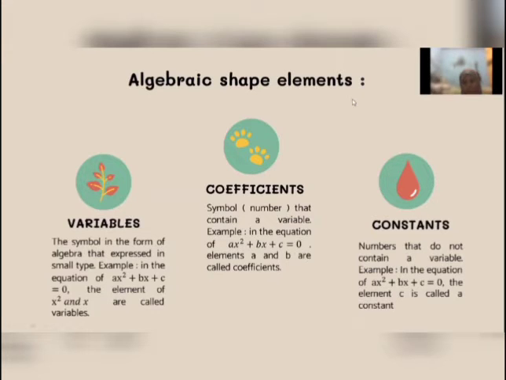Number 2, coefficient. A coefficient is a number that accompanies a variable. Example, in the equation ax to the power of 2 plus bx plus c equals 0, the elements a and b are called coefficients.